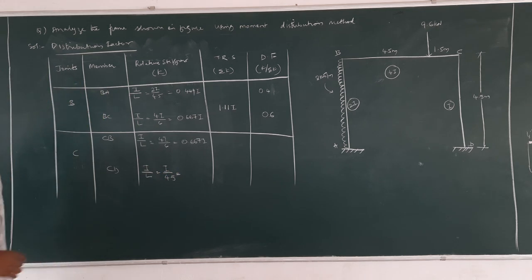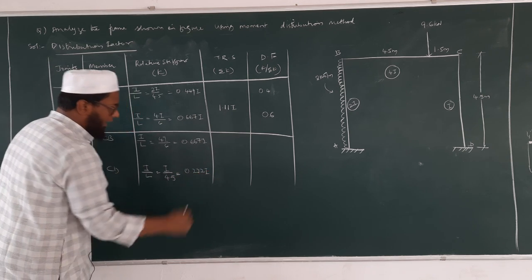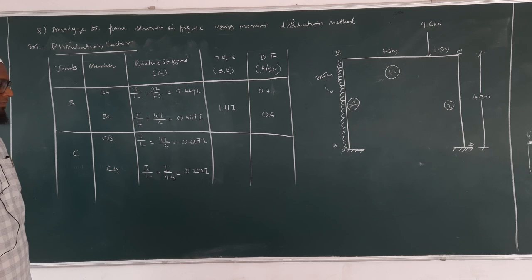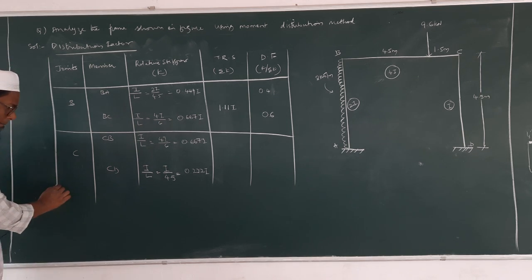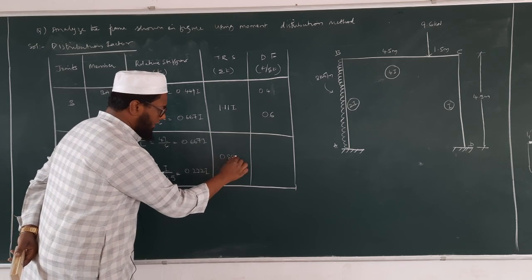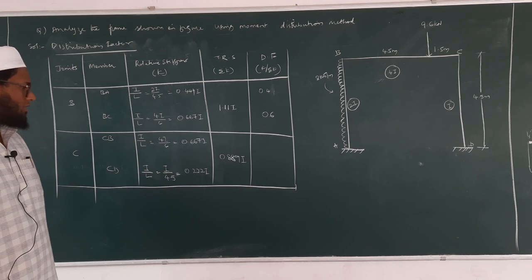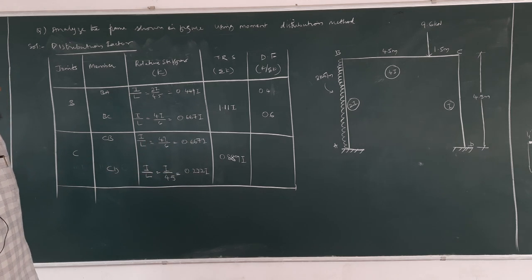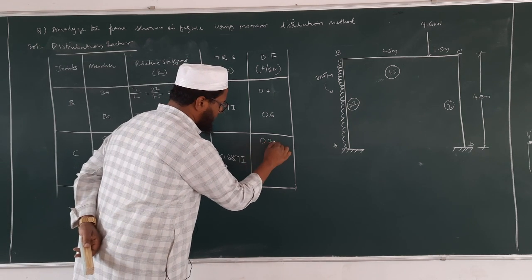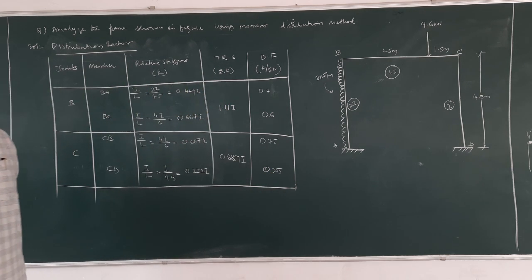Tell me the value. 0.222 I. Add these two values: 0.889 I. Next, what will be the distribution factor for CB? 0.75, and this will be 0.25. Able to understand? Yes, copy down.